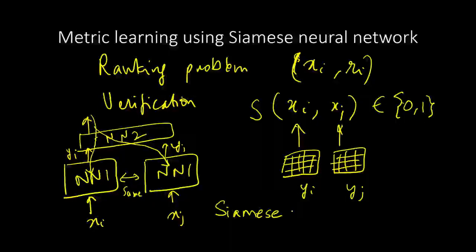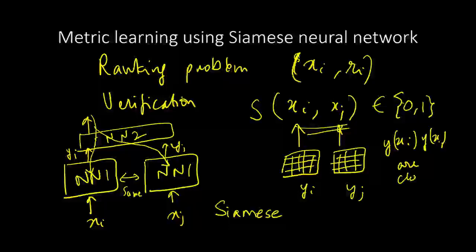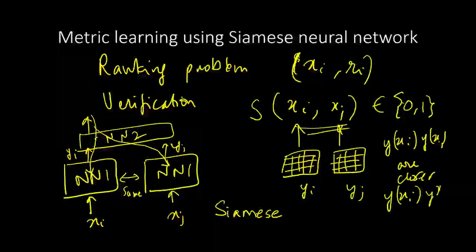There is also something called a Triplet Siamese, where instead of encoding whether xi and xj are similar or dissimilar, we can say that y of xi and y of xj are closer than y of xi and xk. So it's a triplet constraint.